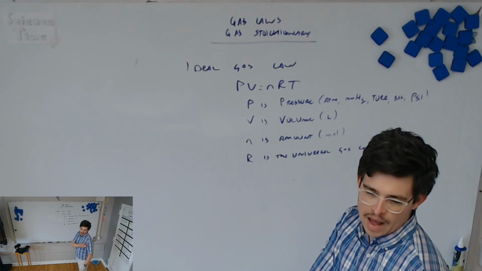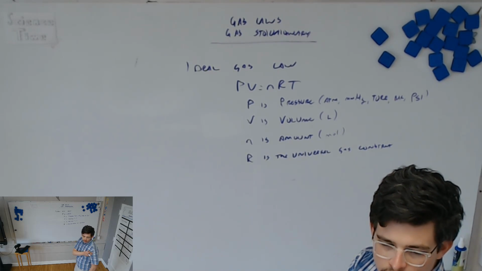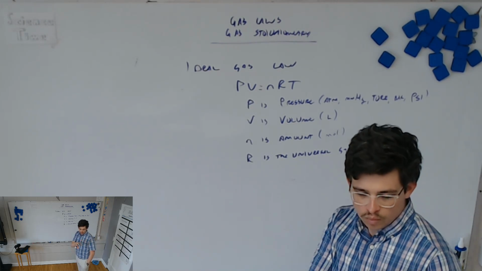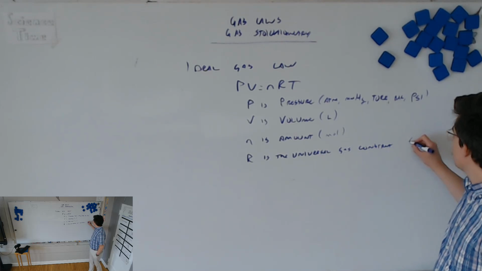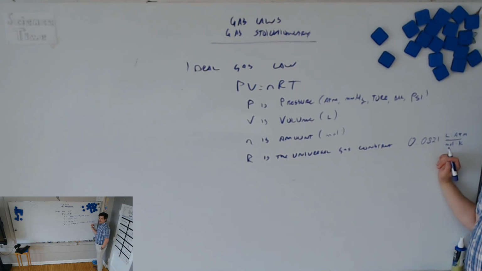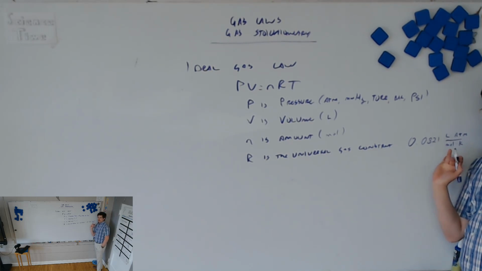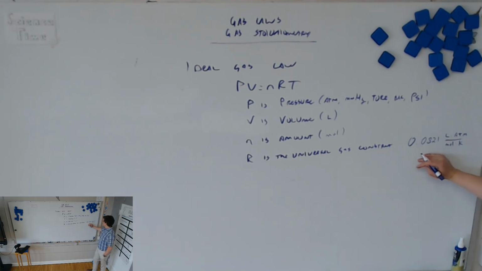The first one there is in atmospheres: liters times atmospheres per mole Kelvin. The number is 0.0821. So for this unit, where we're choosing atmospheres as our pressure unit, R is 0.0821 liter atmospheres per mole Kelvin.